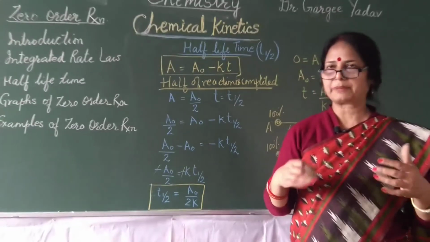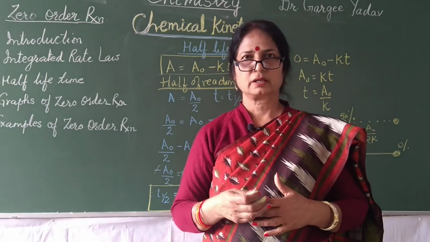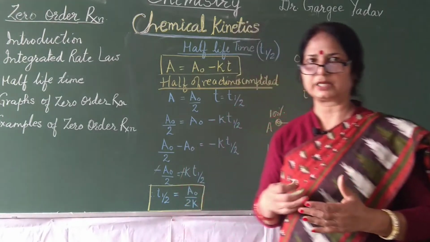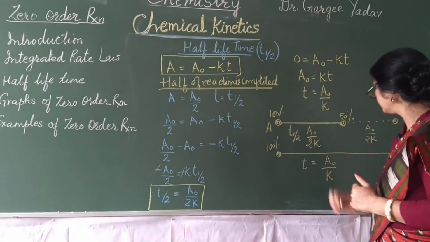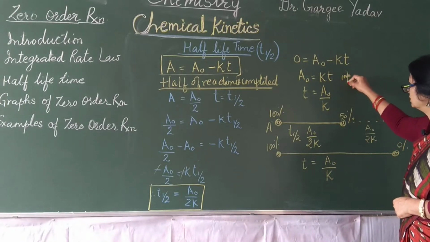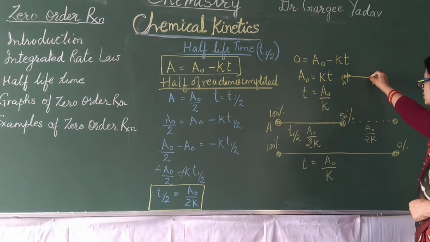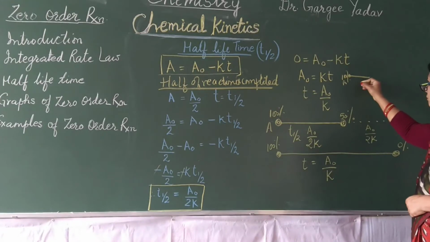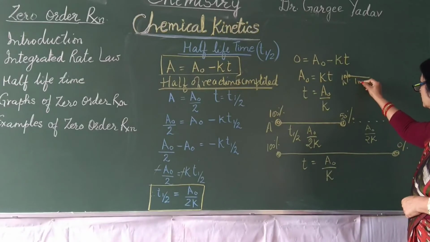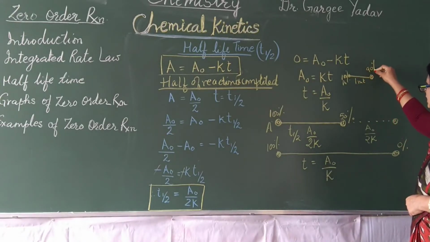So this symbolizes that we can apply the unitary method for calculation of time taken for a zero order reaction. For example, if we start a reaction with 100% concentration of A, then suppose 10% of the reaction is completed in 1 minute, which means 90% of A is remaining.